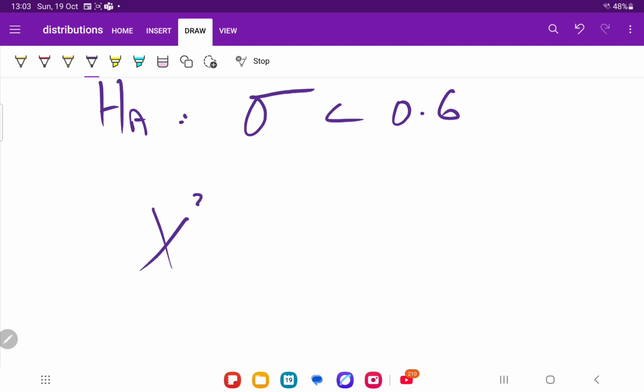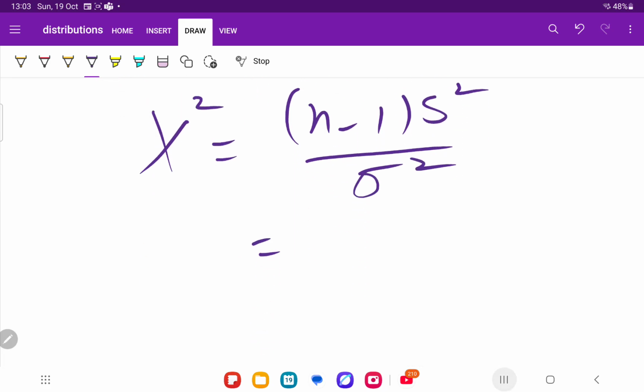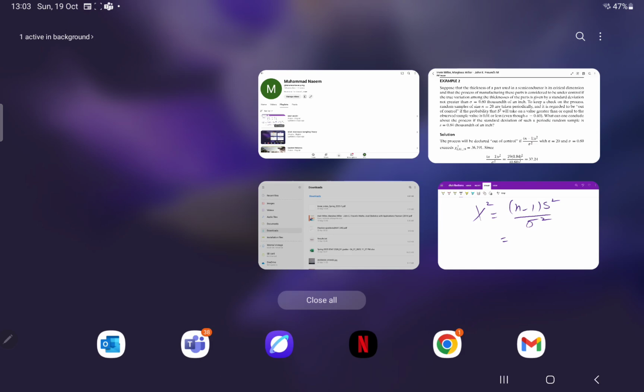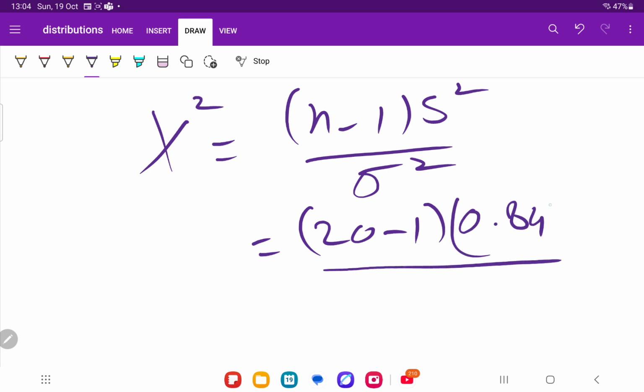So we have the chi-square, and it is n minus 1 times s square over sigma square. So we have all these values here in this data. So n is equal to 20, sigma is equal to 0.60, and s is 0.84. So we have to put all these values: 20 minus 1, 0.84 over 0.60 square.